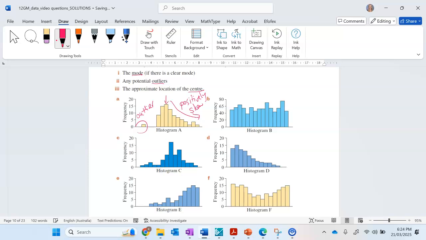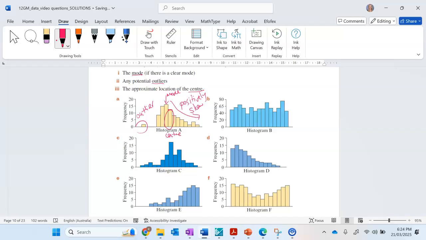We can't actually, oh, there's no scale. So there's your mode, it's your highest one. And the approximate location of the center, it's probably around here as well. Maybe not there, maybe more on this side. So your center's probably around there.